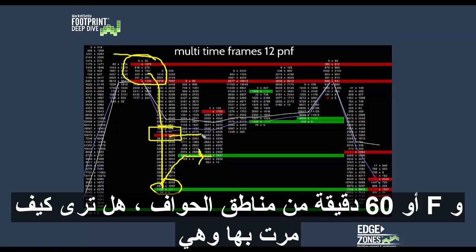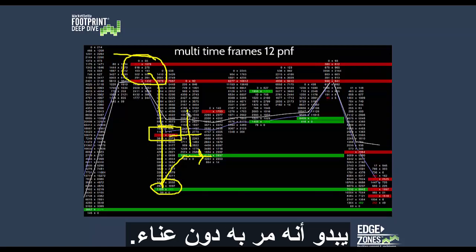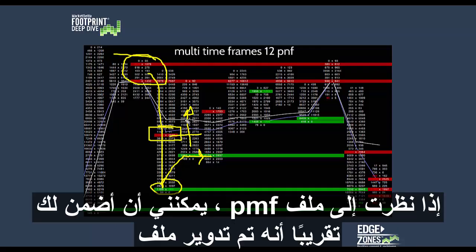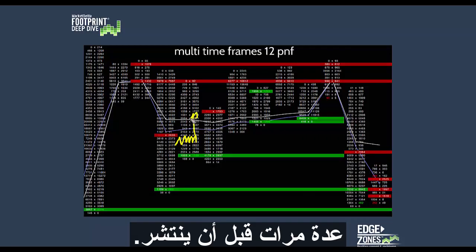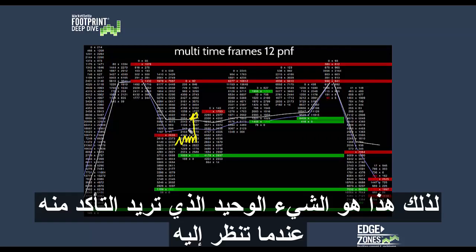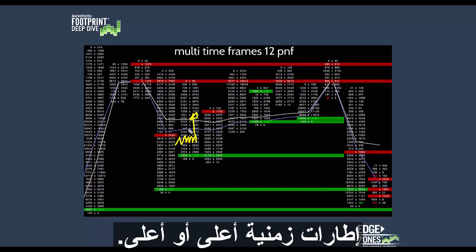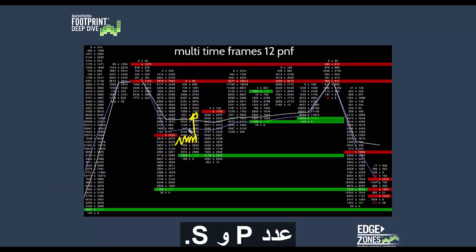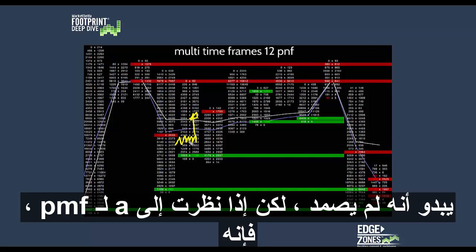You see how it got through it and it looks like it just effortlessly went through it. If you look at a 4 PNF, I can almost guarantee you that it rotated a few times before it blasted through. So that's the one thing you want to make sure when you're looking at higher time frames or higher number PNFs, that it looks like it didn't hold, but if you look at a 4 PNF, it did.